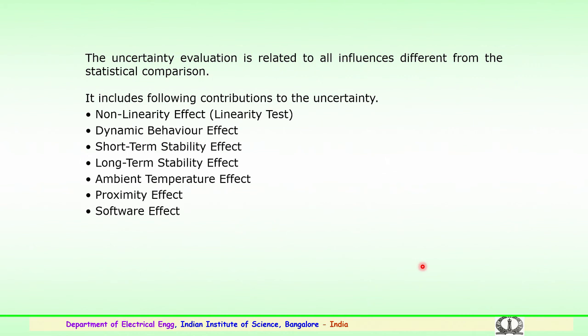This could include contributions to the uncertainty such as the non-linearity effect, determined by the linearity test, the dynamic behavior effect, the short term stability effect, the long term stability effect, the ambient temperature effect on the measurements, the proximity effect of the equipment being used, and the software being used for the measuring. So, several of these things contribute to the uncertainty in the measurements.